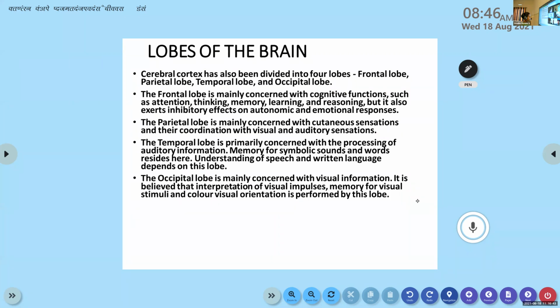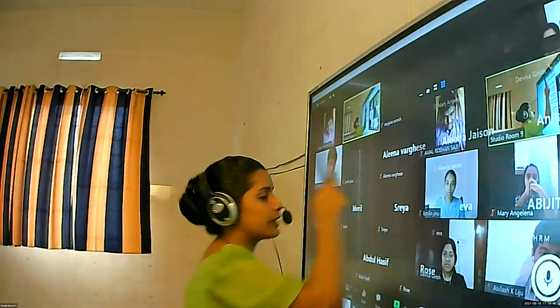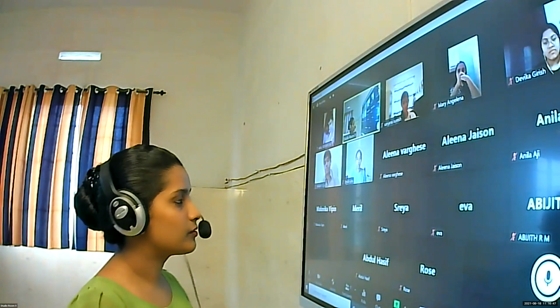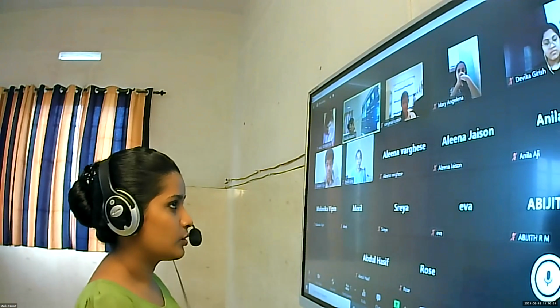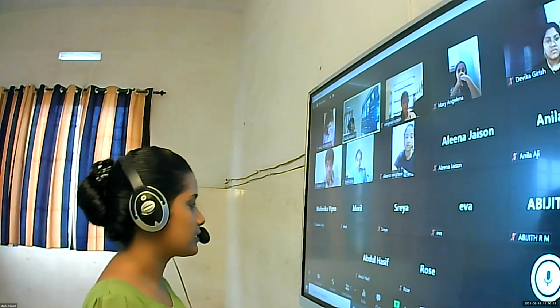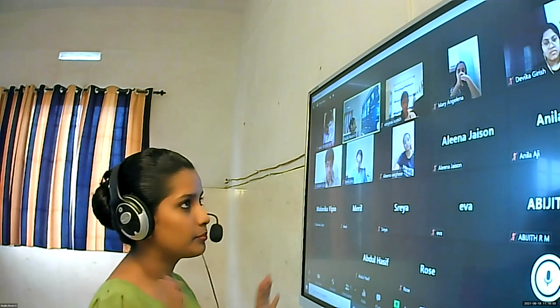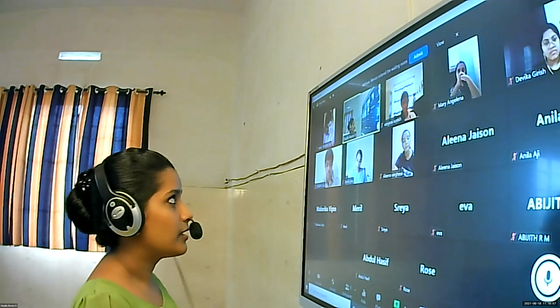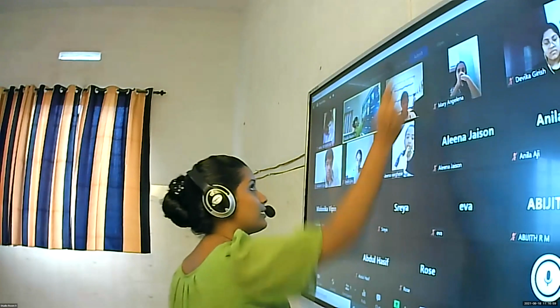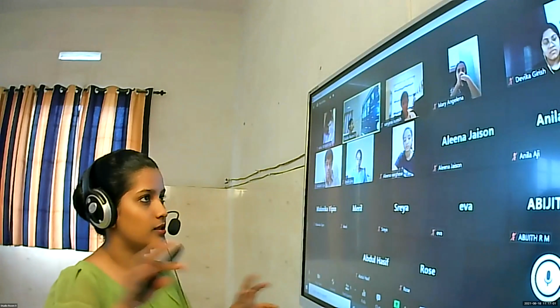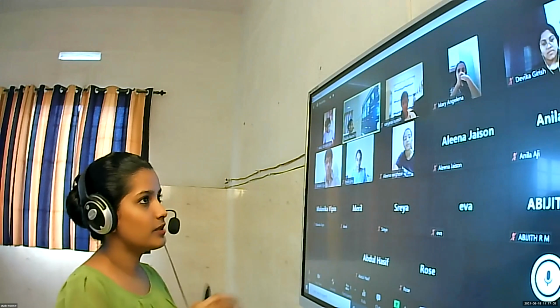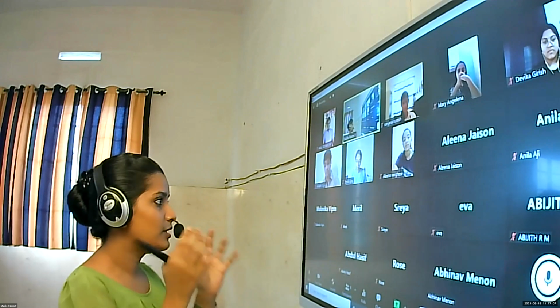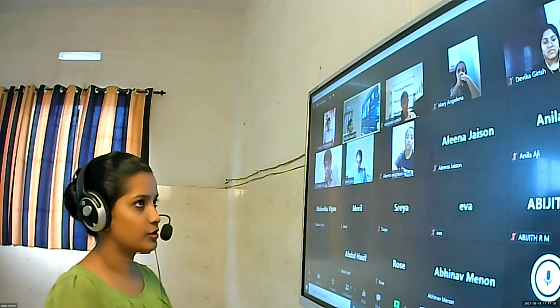Now the brain is divided, generally we say, into 4 lobes: frontal lobe, parietal lobe, occipital lobe, and temporal lobe. There is no exact division between these parts of the brain, but they are considered different lobes because they have certain specified functions.